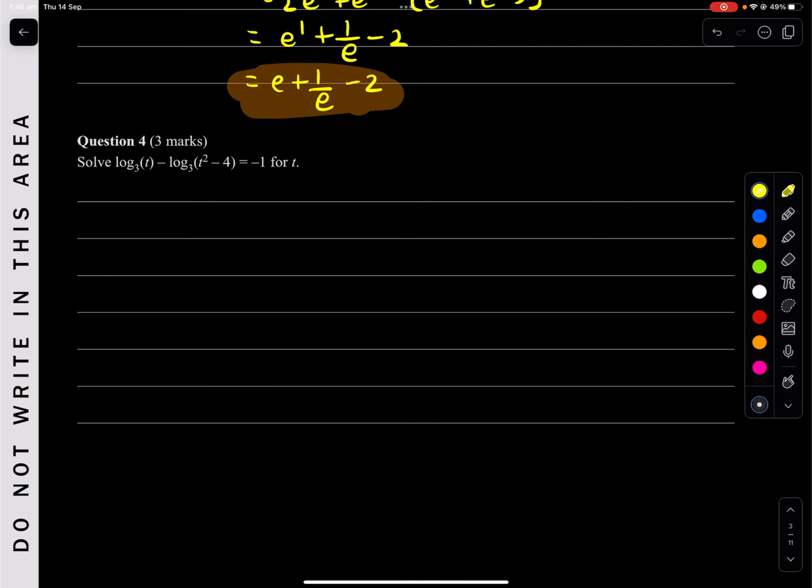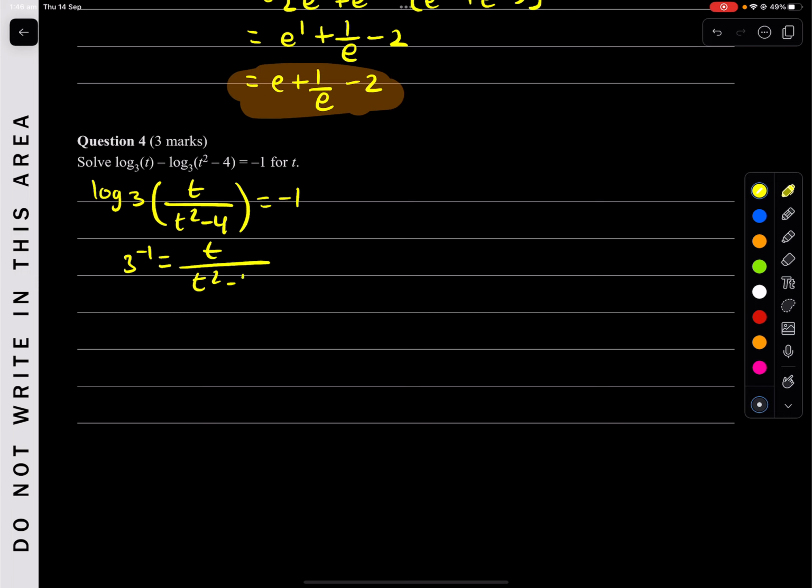Solve this. Okay, very nice and easy. Log base 3 of (t squared minus 4) equals negative 1, so t squared minus 4 equals 1 on 3t, so t squared minus 3t minus 4 equals 0.